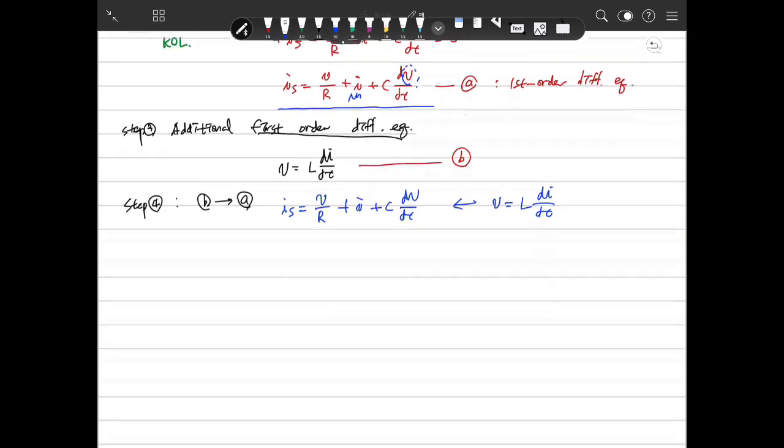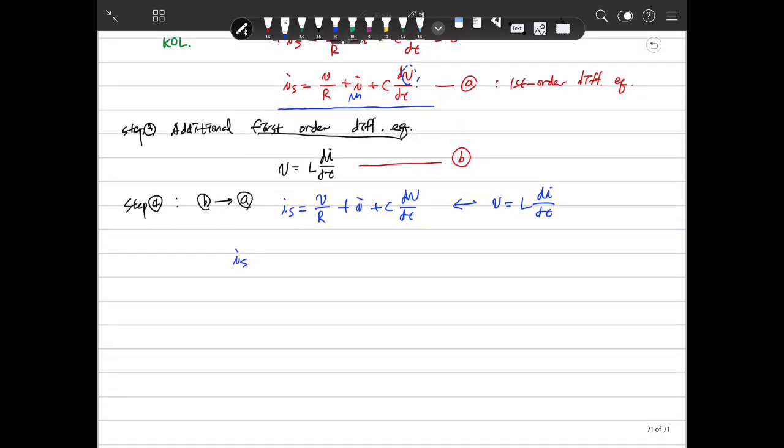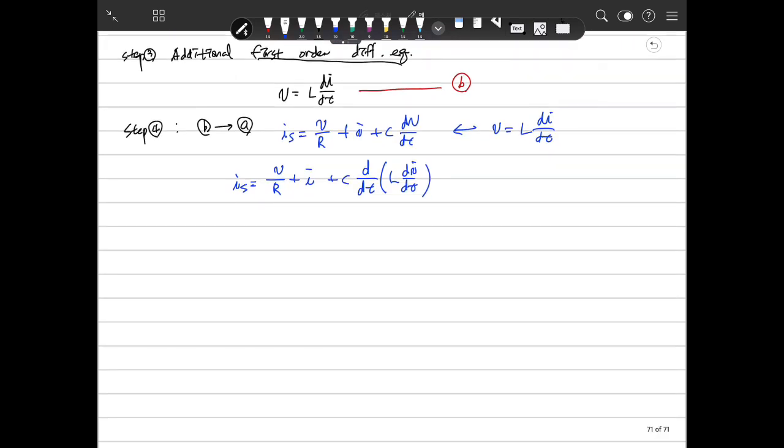So rewrite this equation. IS will be V over R plus I plus C d/dt of L dI/dt. So we rewrite here: V over R plus I plus the constant LC d squared I over dt squared.